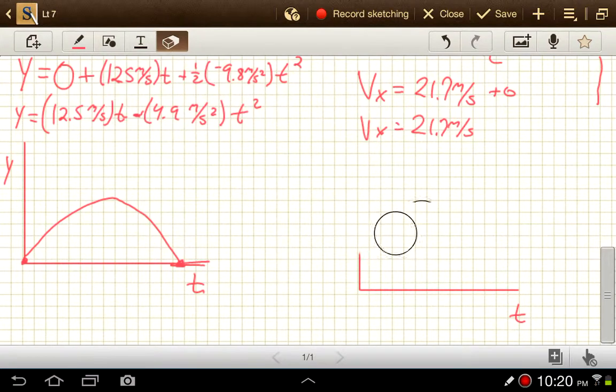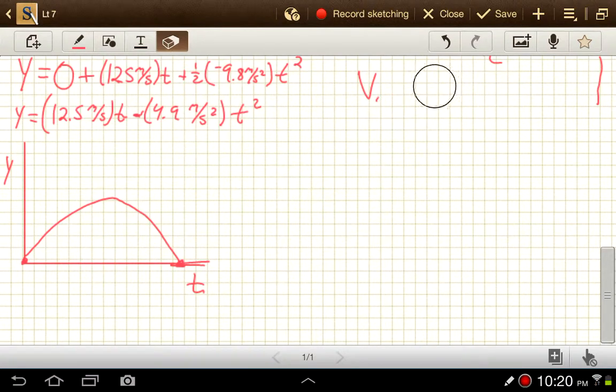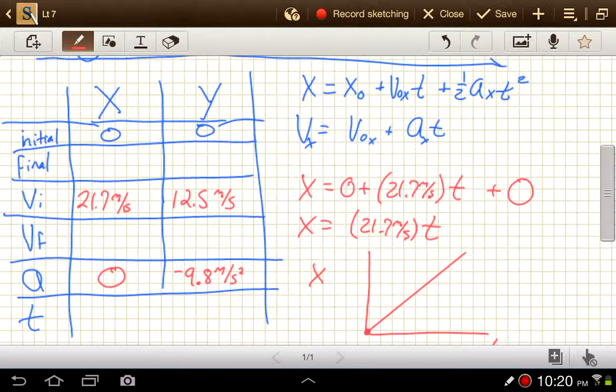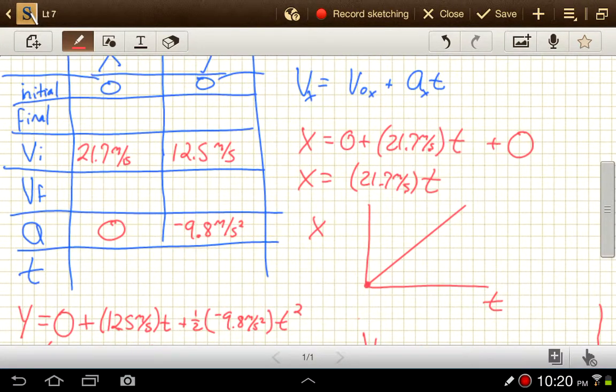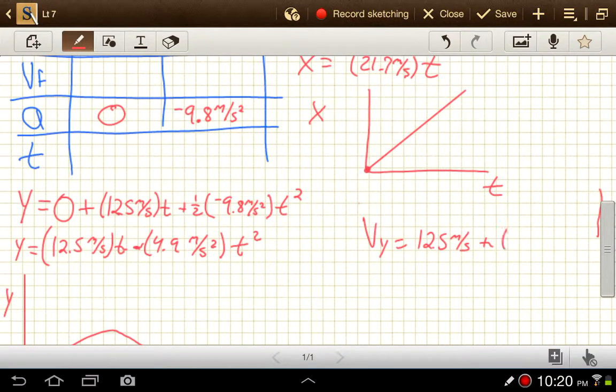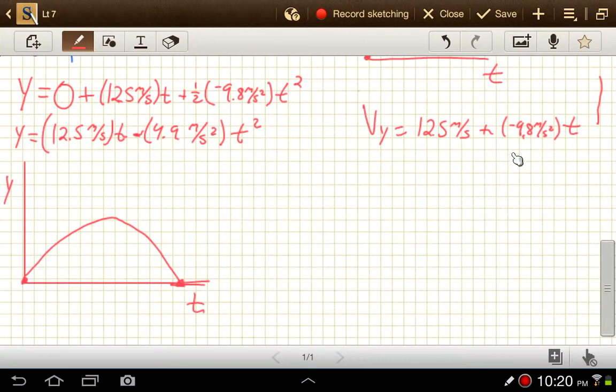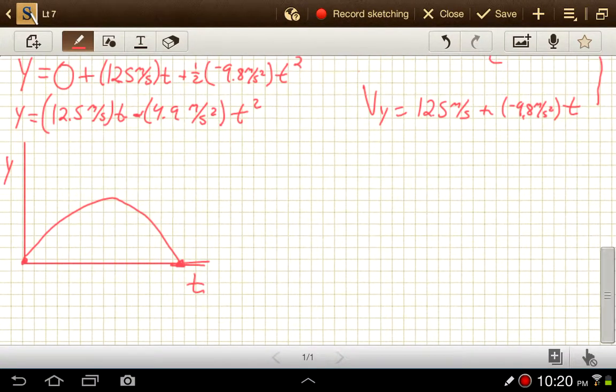Get out of here, velocity in the x. Let's do velocity in the y. So velocity in the y, that's starting velocity in the y, 12.5, plus acceleration in the y, negative 9.8 meters per second squared, times t. Okay, so this one is another linear relationship, so we'll have a straight line for our graph.